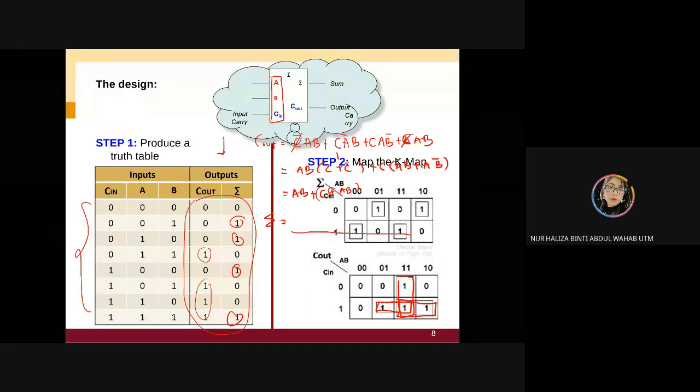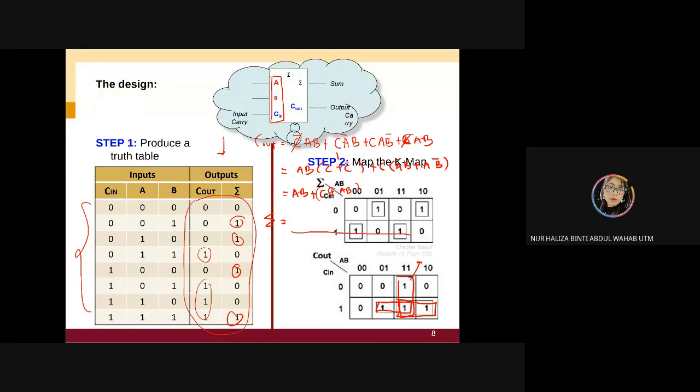Okay, if I come from my truth table to my K-maps, I'm going to get, here is AB. This one is C. A. This one is CB. CA, CB.